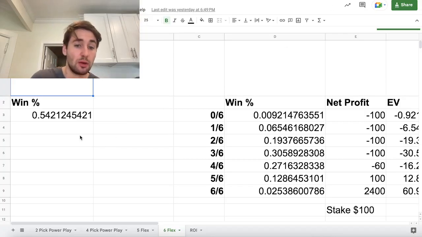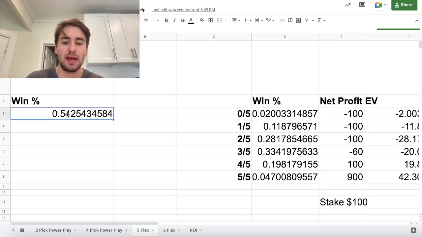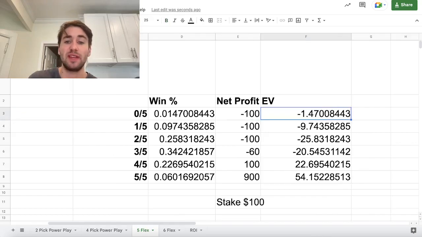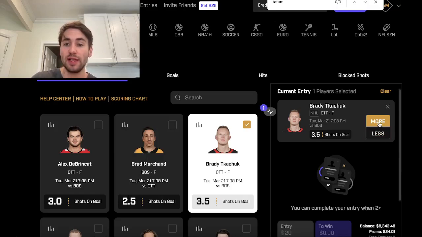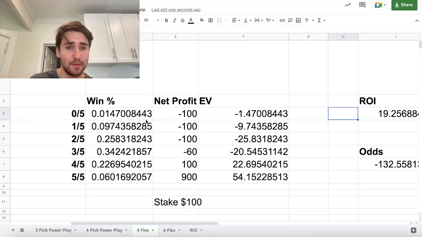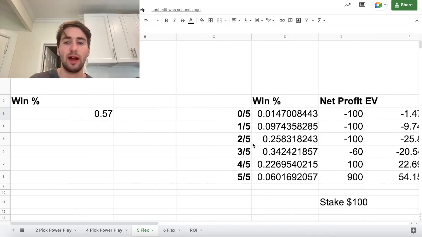If you're winning your picks at a clip of, I give this example a lot, 57% of the time, and that's really good, right? If you can select overs and unders correctly, like Brady today, over or under, if you can hit these 57% of the time, your ROI for a 5 flex is 19.25%.